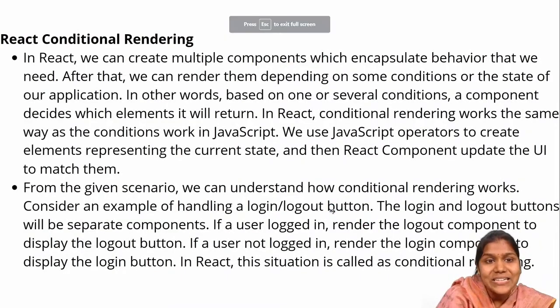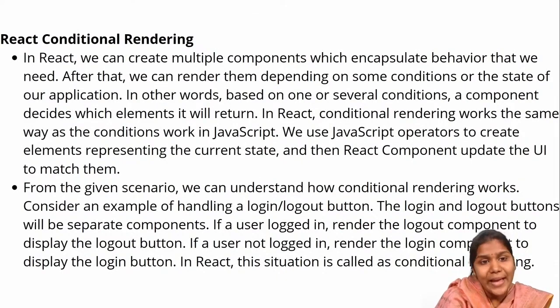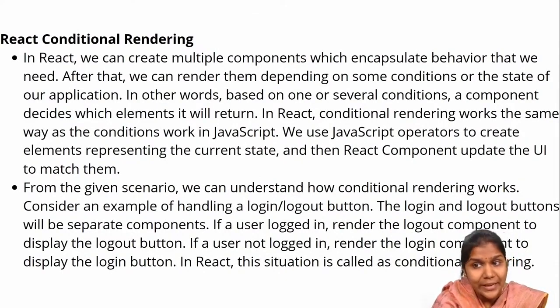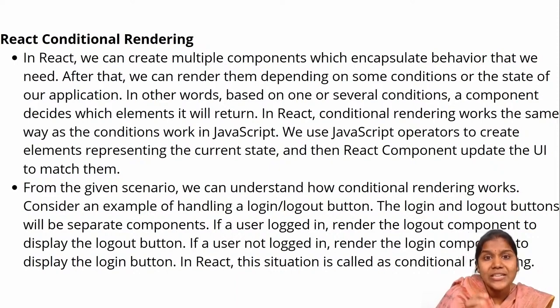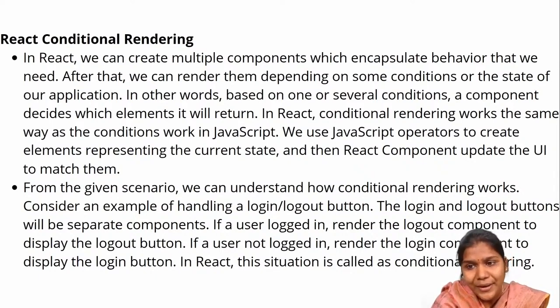React conditional rendering. In React, we can create multiple components which encapsulate the behavior that we need. After that, we can render them depending on some conditions or the state of our application. In other words, based on one or several conditions, a component decides which element has to be returned. In React, conditional rendering works the same way as conditions work in JavaScript.